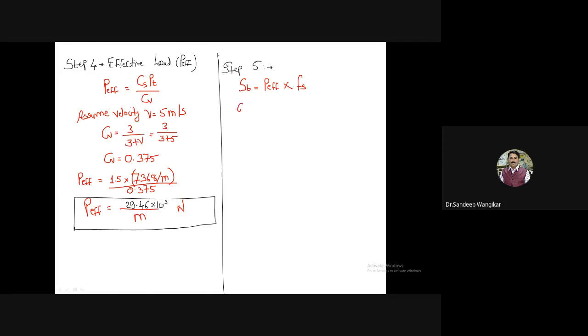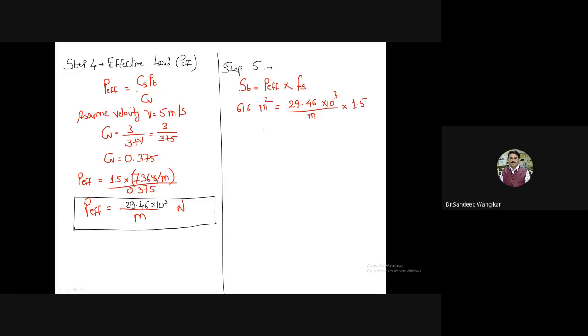So I will say here 616 module square is equal to 29.46 into 10 raised to 3 divided by module into 1.5.